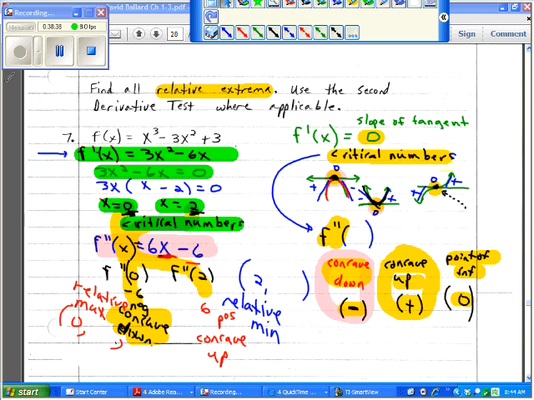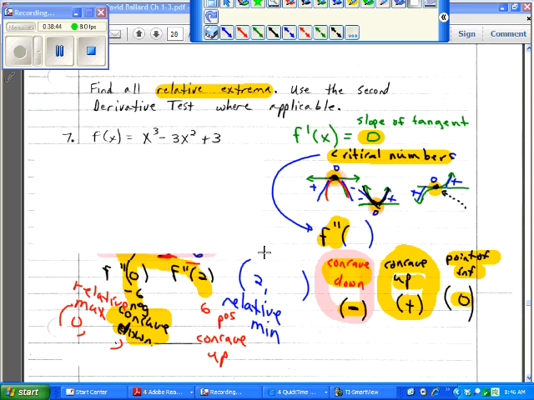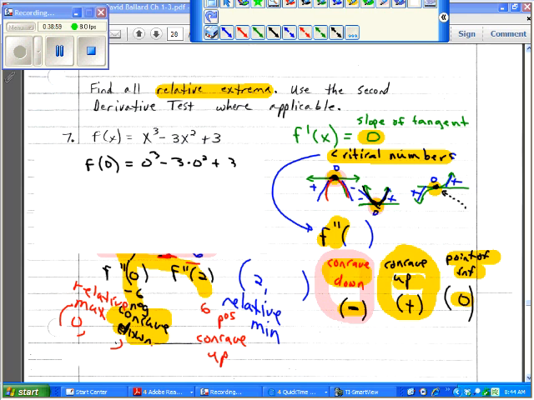And to get those somethings, we have to plug those back into the original function. So when we put in a 0 here, f of 0 is 0 cubed minus 3 times 0 squared plus 3, which is 3. So my relative maximum is at 0, 3.